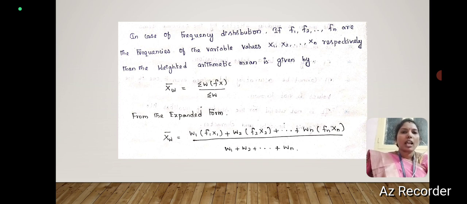The expanded form of the above formula: x̄w equal to w1 into f1 into x1 plus w2 into f2 into x2 plus and so on up to wn into fn into xn, divided by w1 plus w2 plus and so on plus wn.